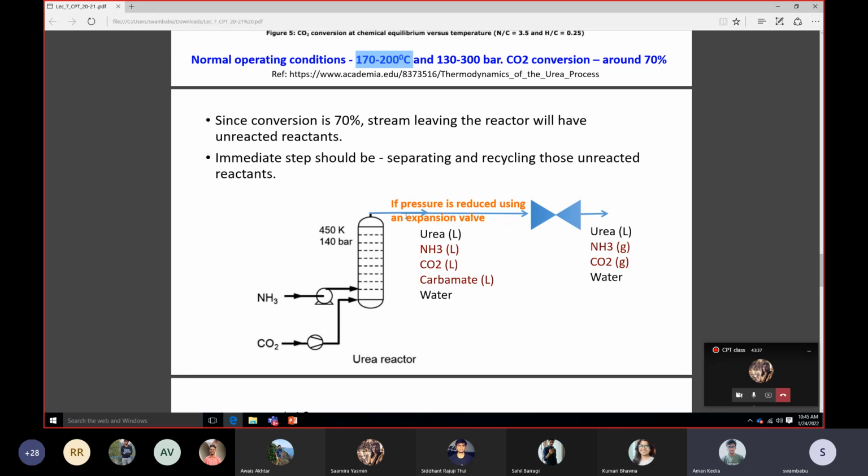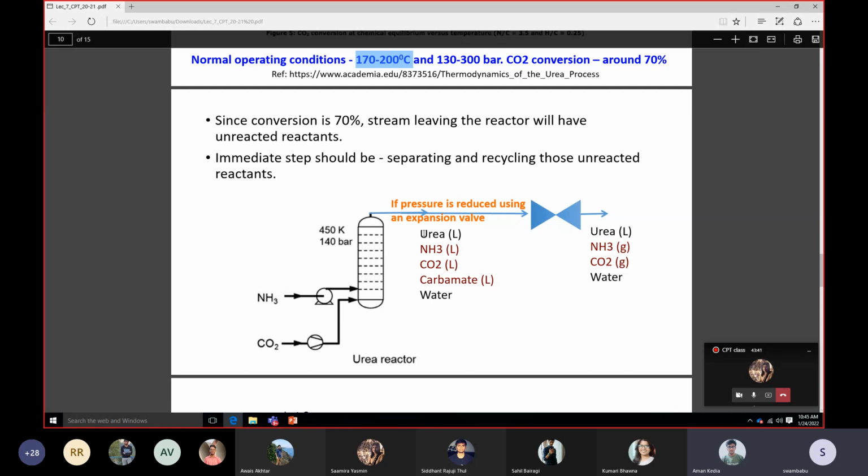By the time it comes here, what will be there? Urea, unreacted ammonia, unreacted CO2, unreacted ammonium carbonate, and water will be there.